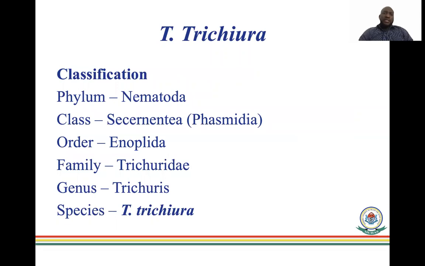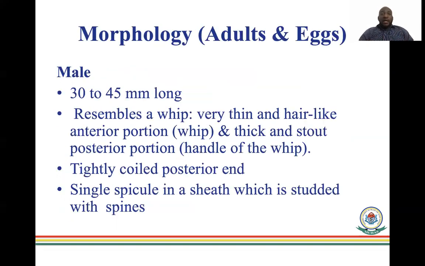Trichuris is in the phylum Nematoda, among the Phasmidia, family Trichuridae, and genus Trichuris, and the species is Trichuris trichiura. Regarding morphology, males and females are slightly different, but the size is on average 3 to 4.5 centimeters long, or 30 to 45 millimeters.